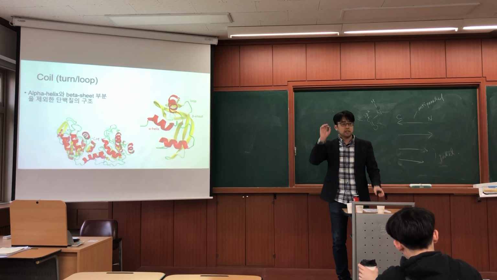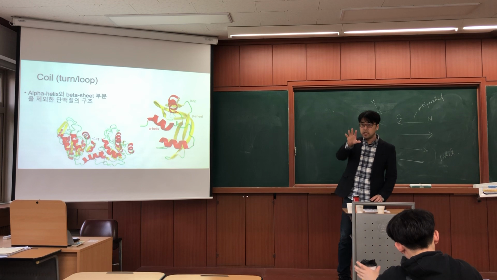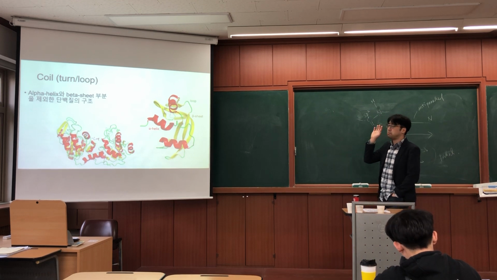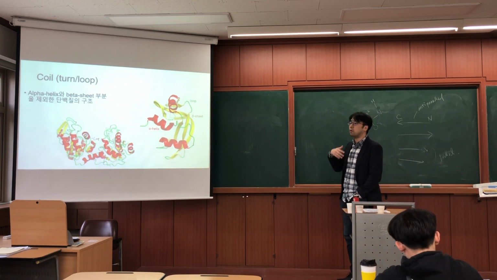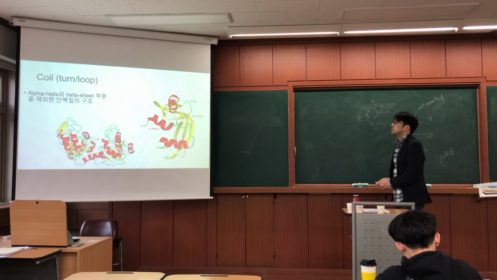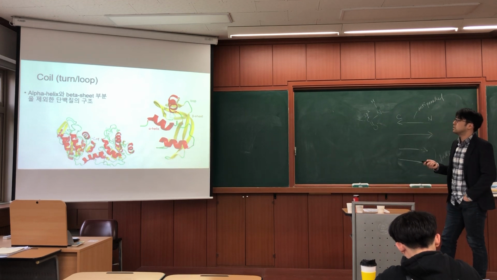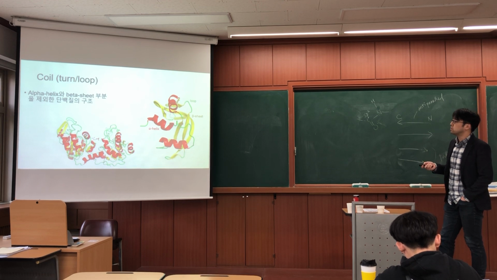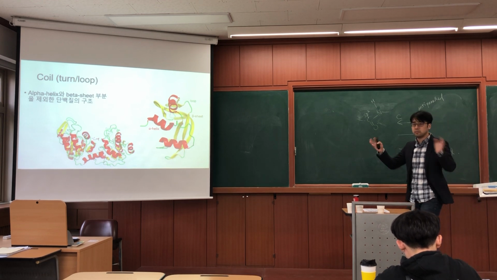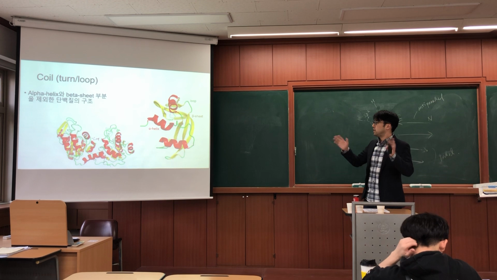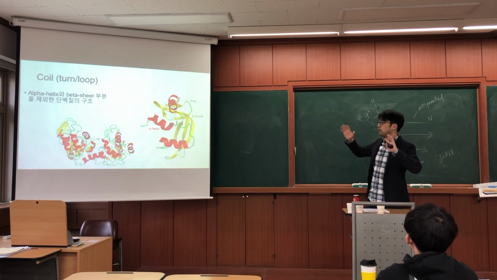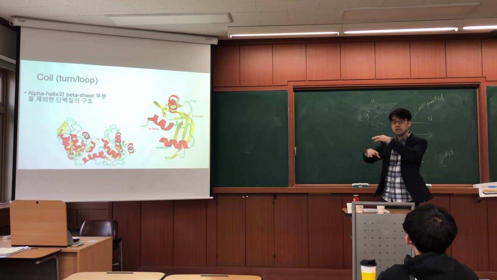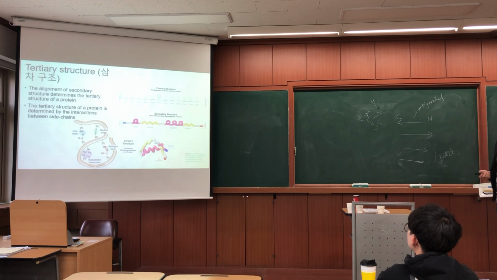If some part is not helix and not beta sheet, then everything else is called loop. As you can see, a loop looks almost disordered. There's no regular structure, so they are like spaghetti, right?